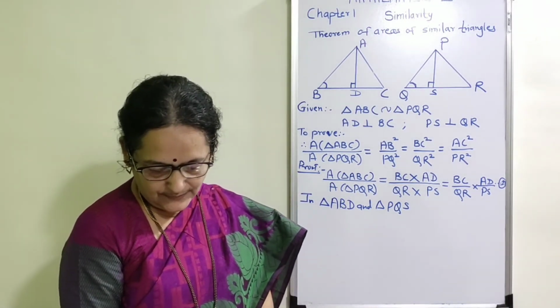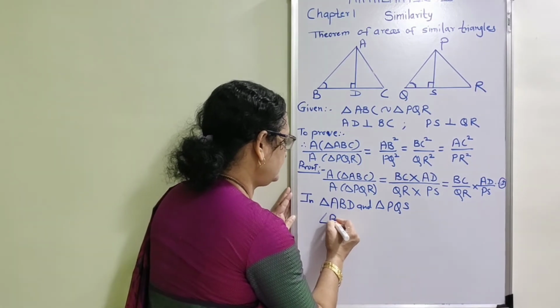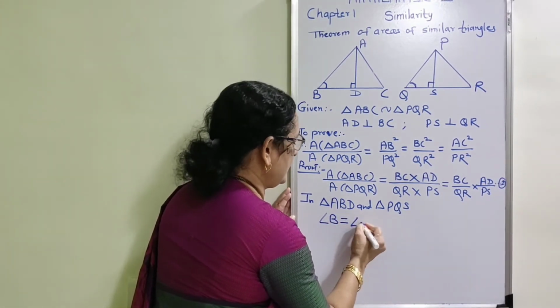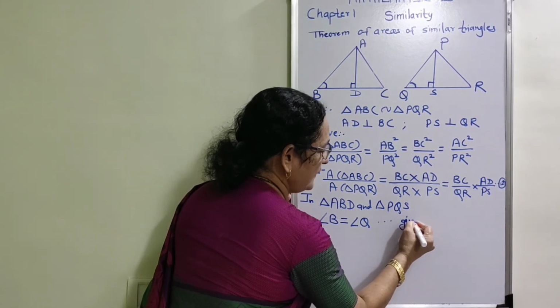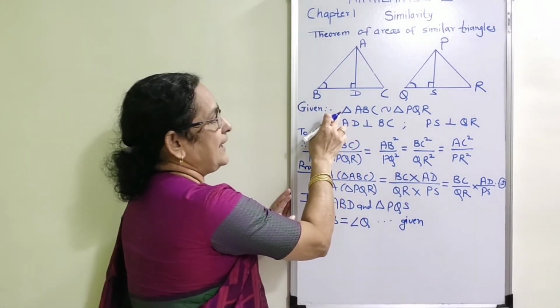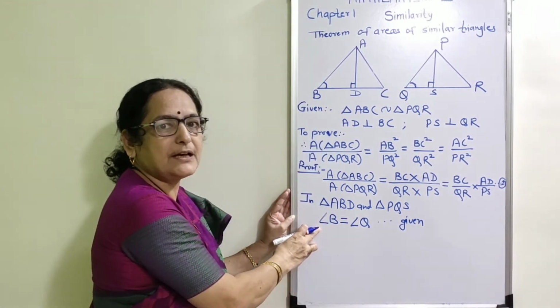First we write angle B is equal to angle Q, given. Why is it given? Since the bigger triangles are similar, their corresponding angles are congruent.